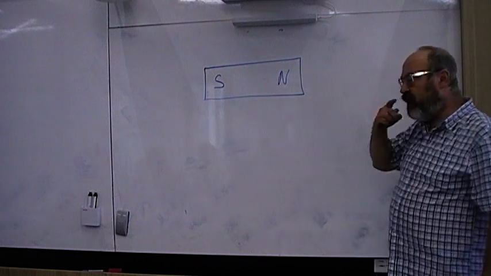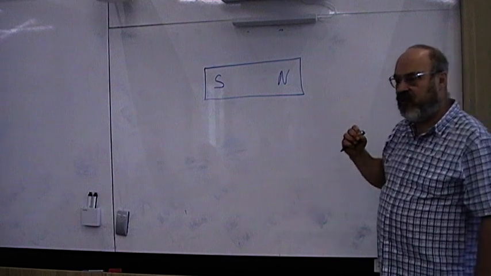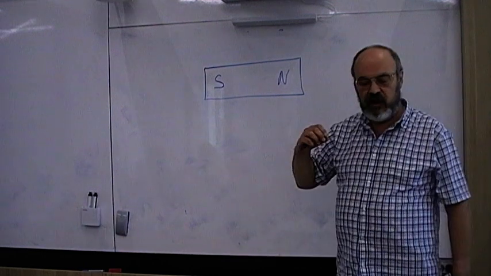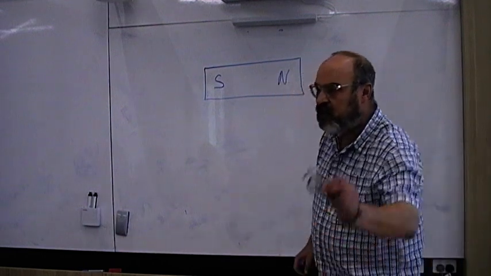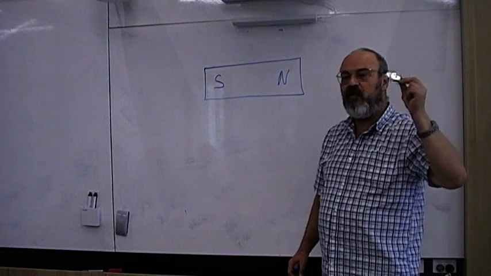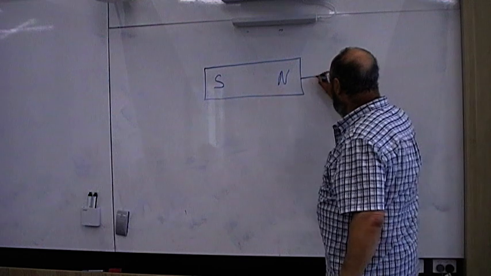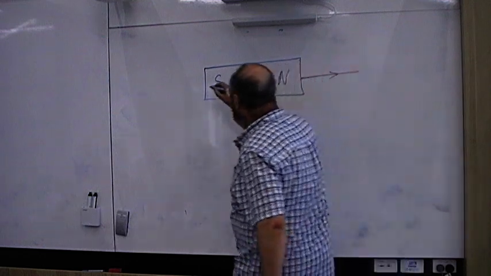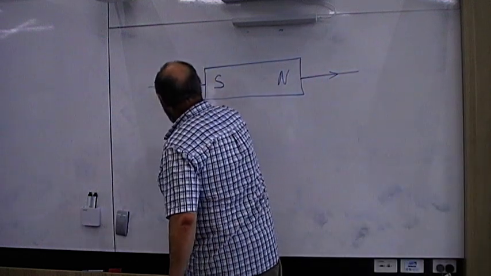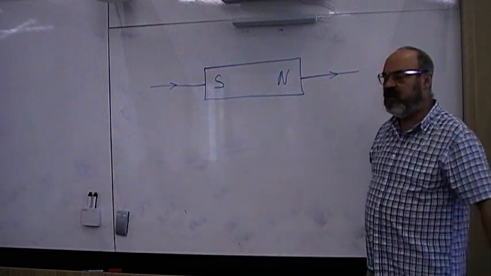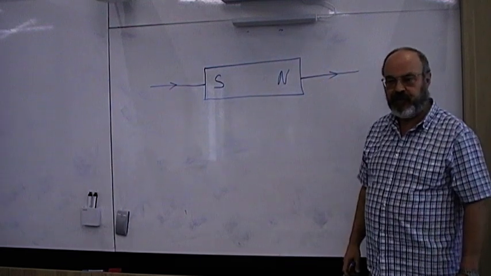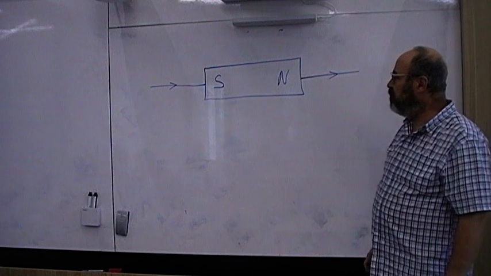So the direction we take as direction of magnetic field is direction in which compass will be pointing if you will place it in that field. That is the direction of the magnetic field.